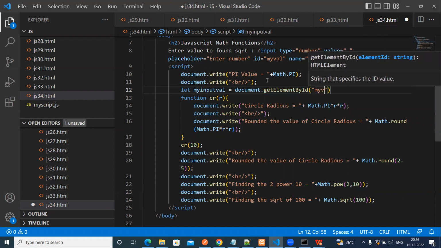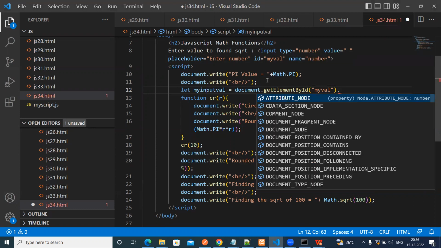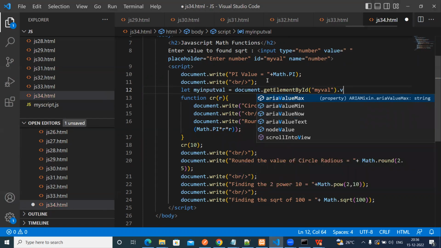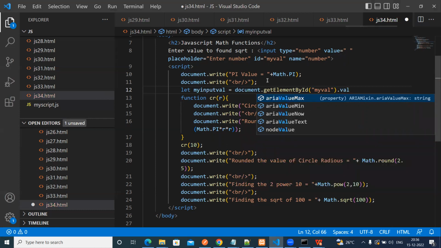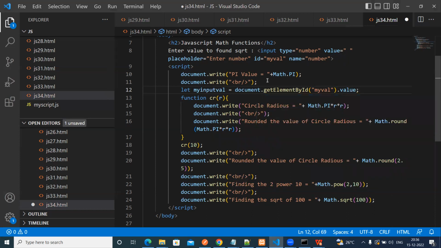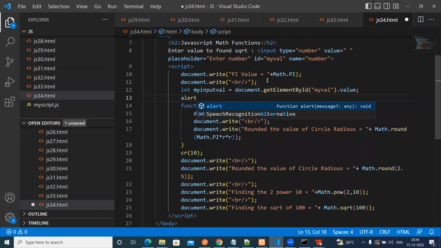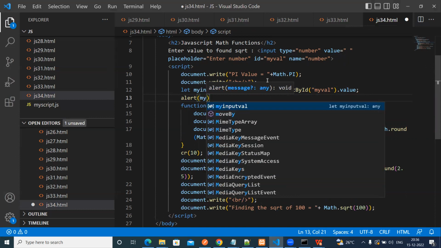My val is the id. Then dot value. Then we can use alert.